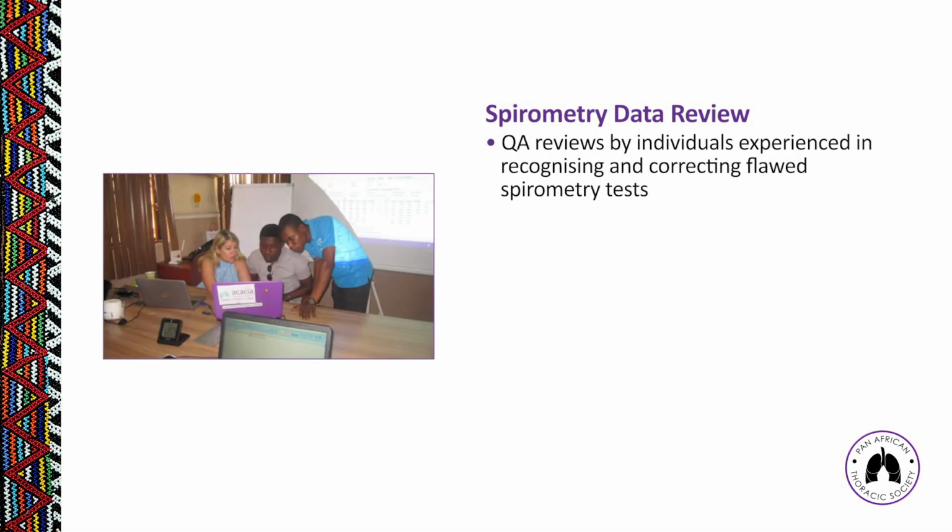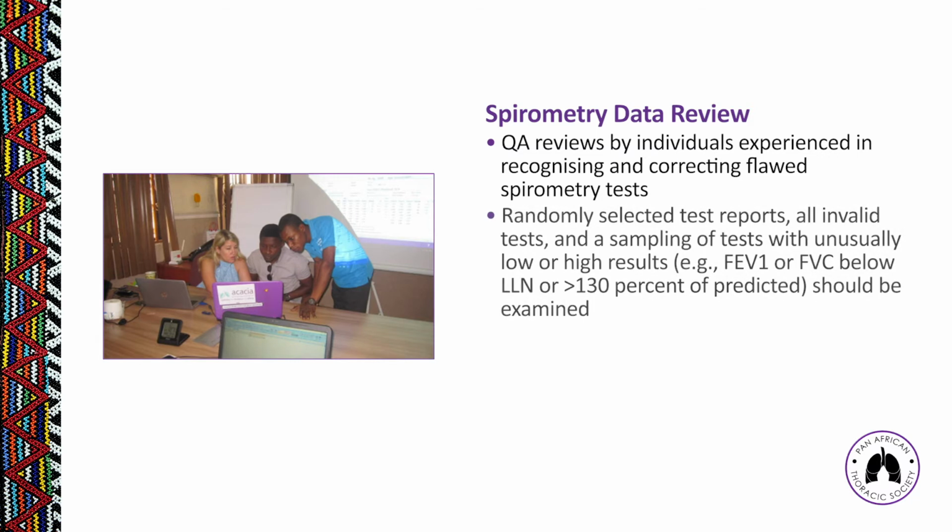Quality assurance reviews must be conducted by people who are experienced in recognizing and correcting flawed spirometry test results, such as the service lead or an external third party who is a spirometry specialist. Randomly selected spirometry test reports and all invalid tests, and a sampling of tests with unusually low or unusually high results, for example, FVCs and FEV1s well over the lower limit of normal or well over 130% of predicted, should be examined.